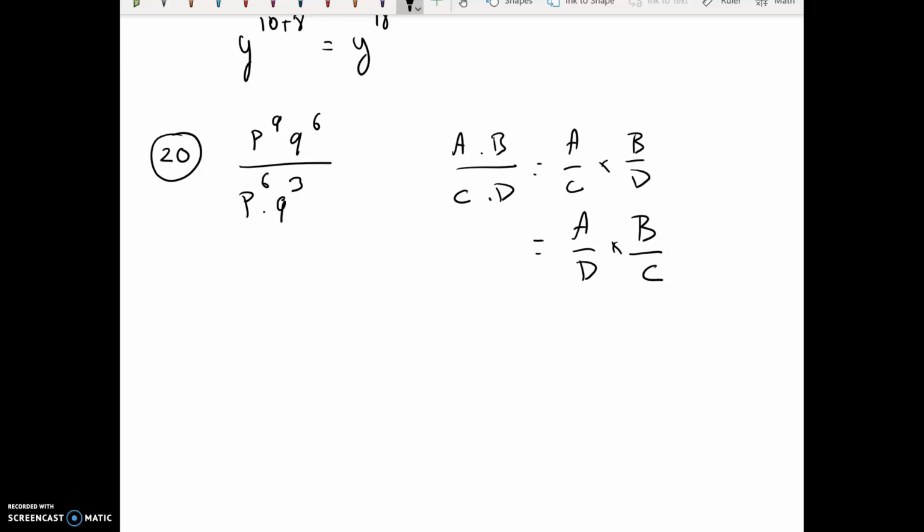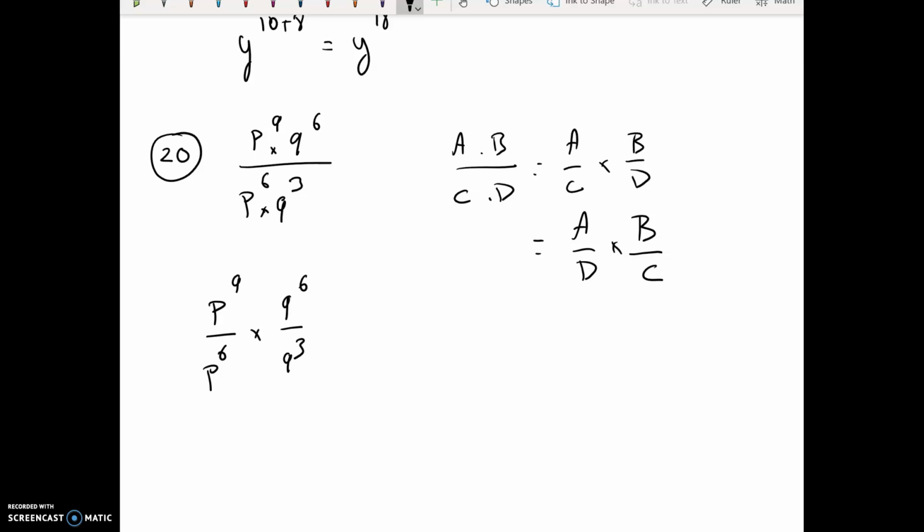So what you can see right now is, first of all, you have only multiplication between the terms on the top and between the terms on the bottom. So you can reorganize the p together, p to the 9 over p to the 6, multiplied by q to the 6 over q cubed. Using the rule of exponent, you know that you have two different choices.